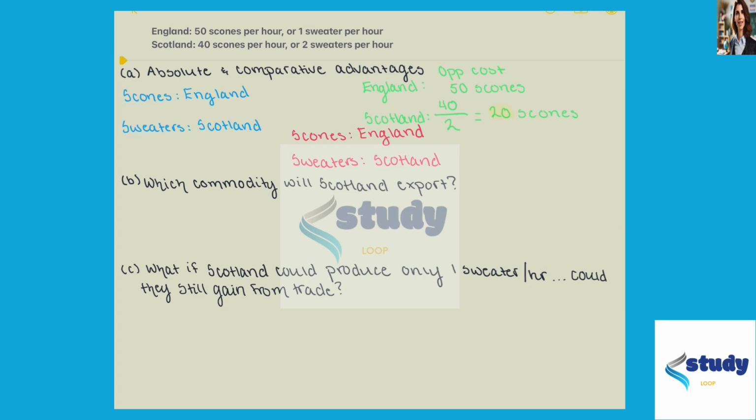So now that we've identified our absolute and comparative advantages, we can ask ourselves, which commodity will Scotland export? Well, we know that countries export and produce the good with which they have the comparative advantage. So because Scotland has the comparative advantage in sweaters, we can say that Scotland will export sweaters.